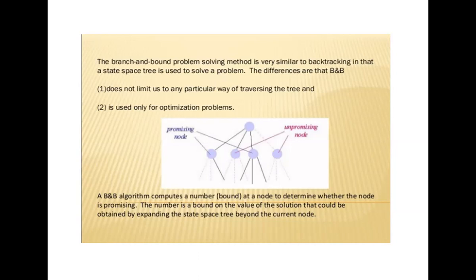If you do not get the best solution, the algorithm continues. If you find the best solution, then it is solved. Branch and bound is commonly used for NP-hard optimization problems.